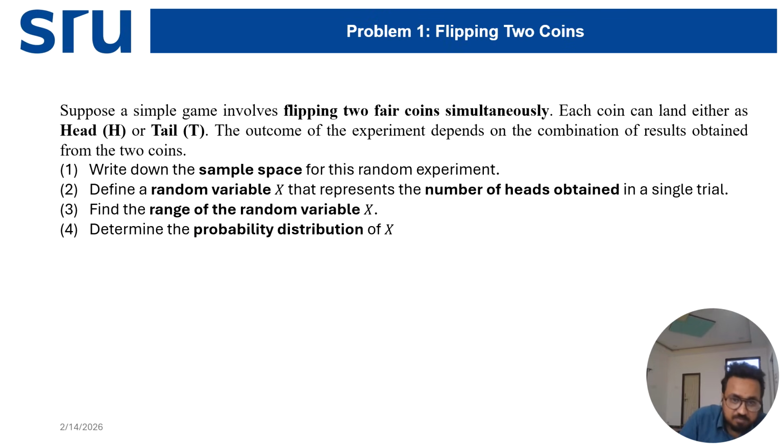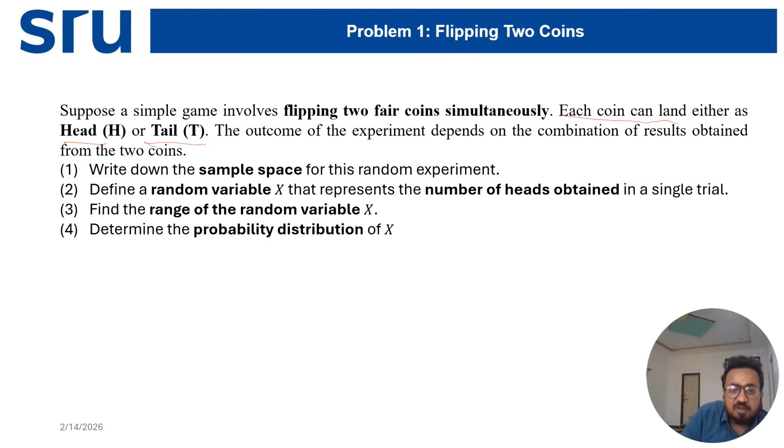So now we will discuss a numerical example of flipping two coins. What is given in this question? Suppose a simple game involves flipping two fair coins simultaneously. Each coin lands either as a head or tail.